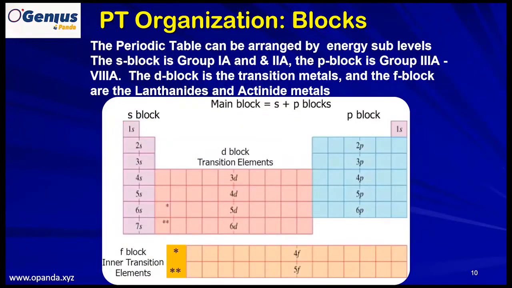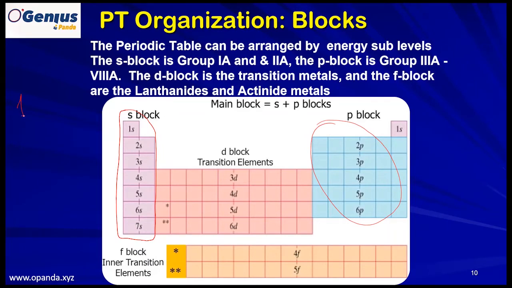We can also organize elements in blocks. When organized in blocks, we have what we call the S block, and what we call the P block. A block is determined depending on the orbital which is being filled. Let's give the example of hydrogen.